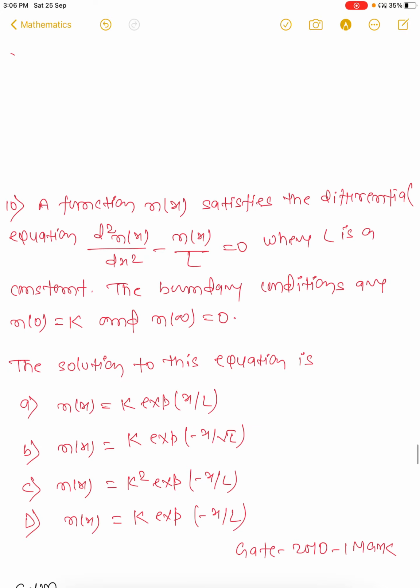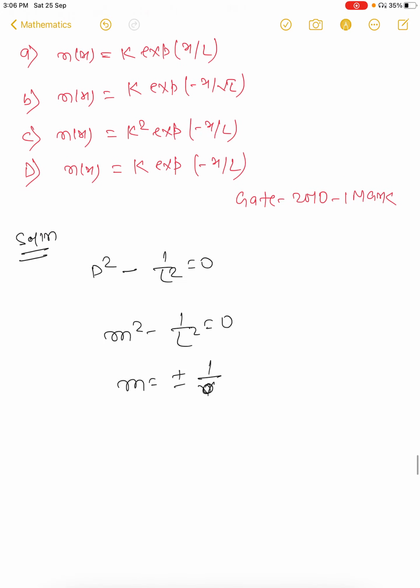Sorry, something I mistook, it is L², okay. So n(x) will be c1 e^(x/L) plus c2 e^(-x/L).